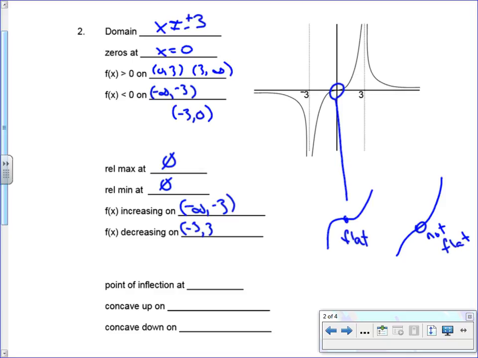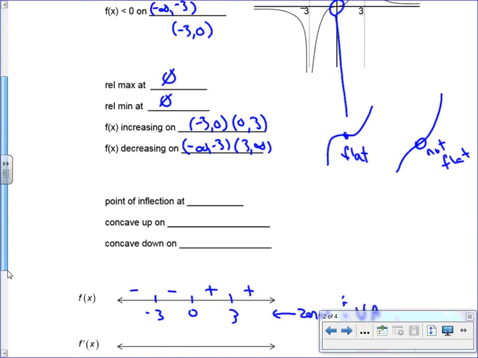Yeah, you'll do that sometimes. Sorry. So it starts out decreasing. I'll have to pick up that 0 as a place where it is not increasing and not decreasing. And then on the other side of 3, it decreases. Okay? Good?